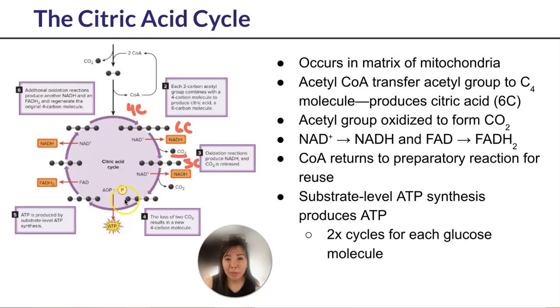We're also able to do substrate-level ATP synthesis, which means we're going to produce an ATP as well. So in this process of the citric acid cycle, the outcome is not only producing 2 molecules of ATP, but we also produce all of these electron carrier molecules that now contain electrons that we can carry on to our next step.